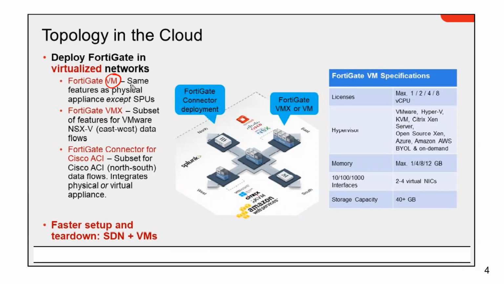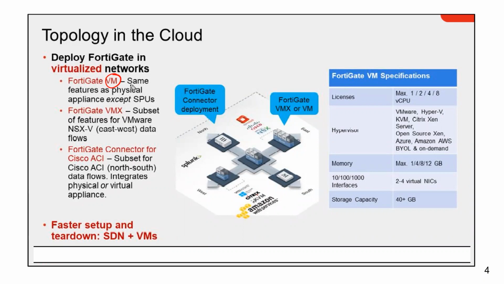firewall. This was made for if you have VMware set up in your environment, then probably you will be going with the VMX as compared to VM. Okay. Then you have the FortiGate connector for Cisco ACI.